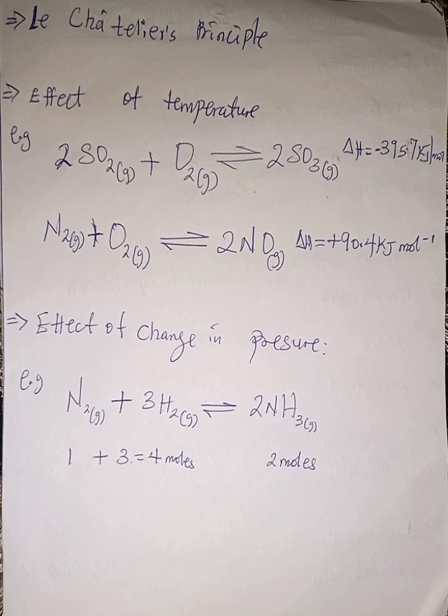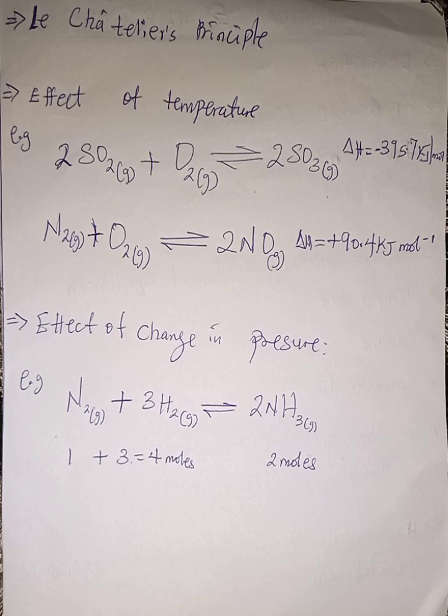Now, from Le Chatelier's principle, which states that for a reaction at equilibrium, if any of the factors such as temperature, pressure, or concentration is altered or changed, the equilibrium position will shift so as to oppose this change, annul this change, or counter this change. So it's either going to shift to the right to favor the products, or it will shift to the left to favor the reactants, depending on the case.